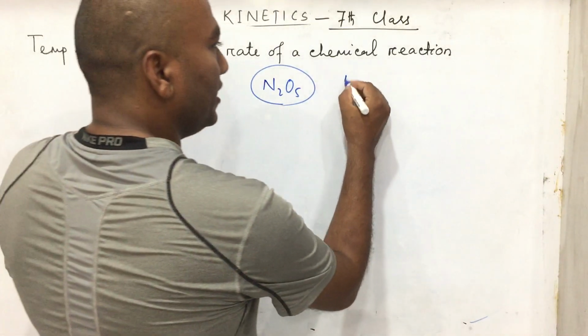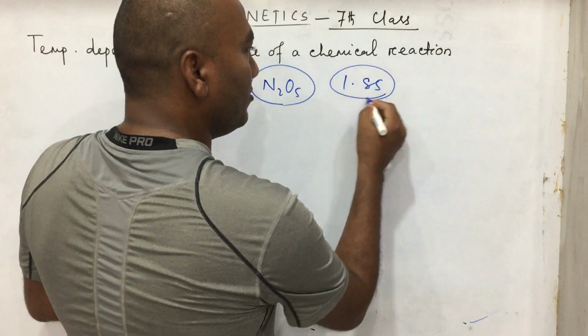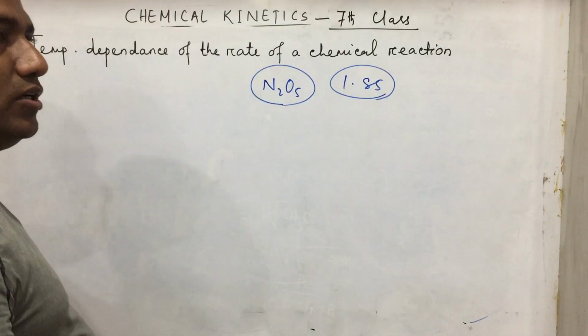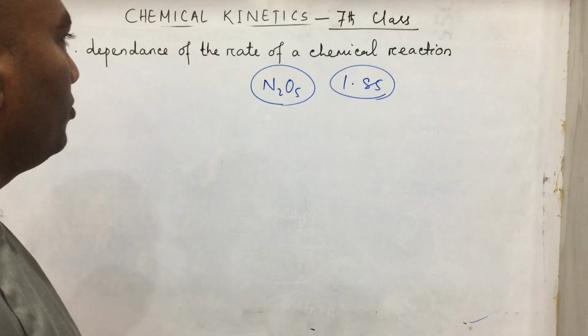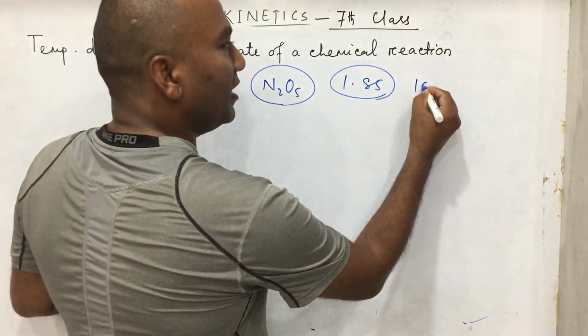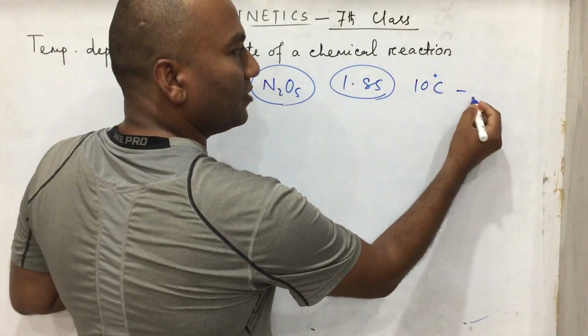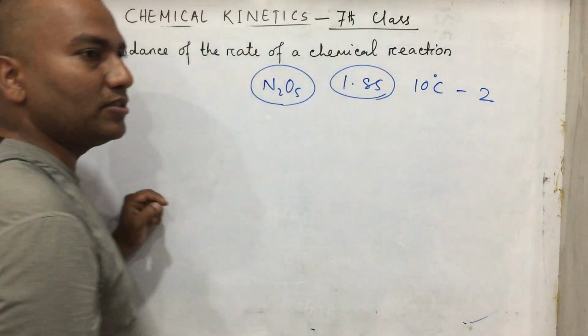Exactly it is 1.85 times, but we normally take 2 times. So when temperature increases by 10 degrees Celsius, the rate of the reaction increases twice.